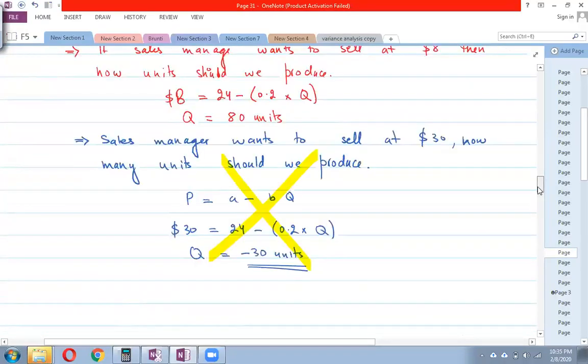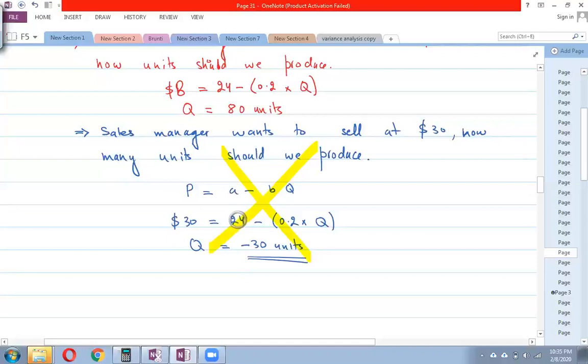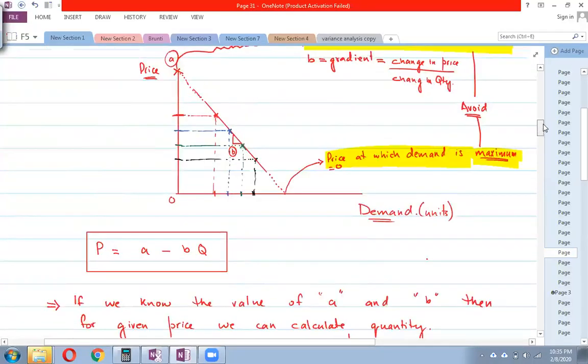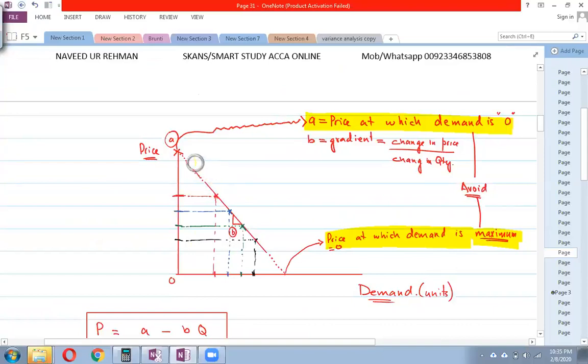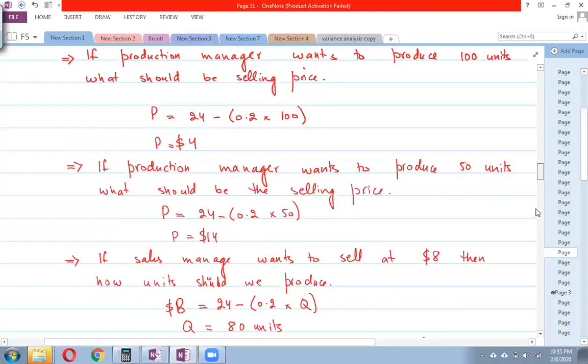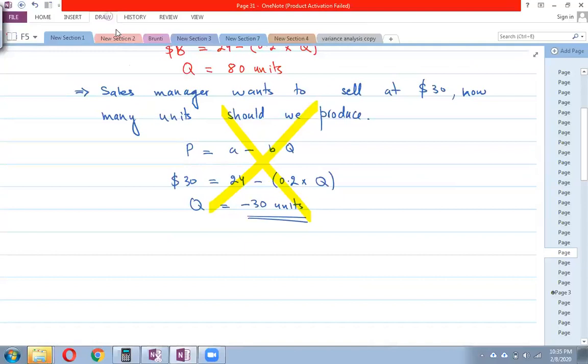If you further increase the price, the demand will go negative, and there is no negative demand. So that means that this is not possible.